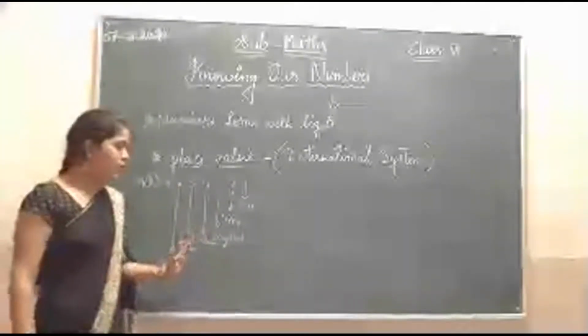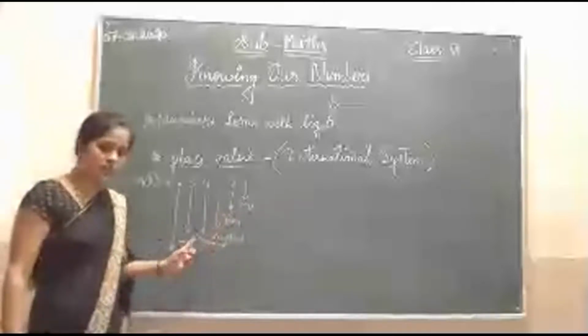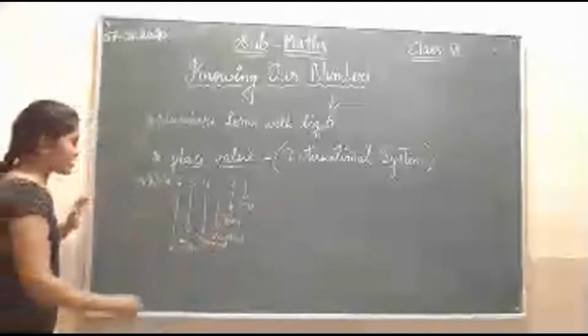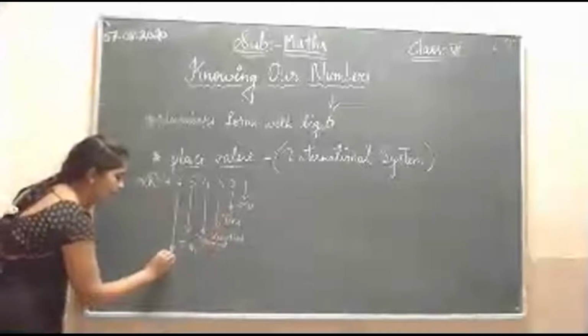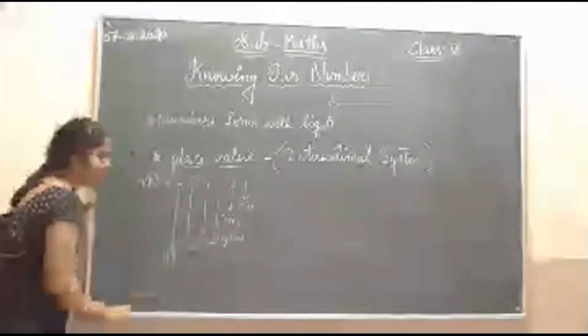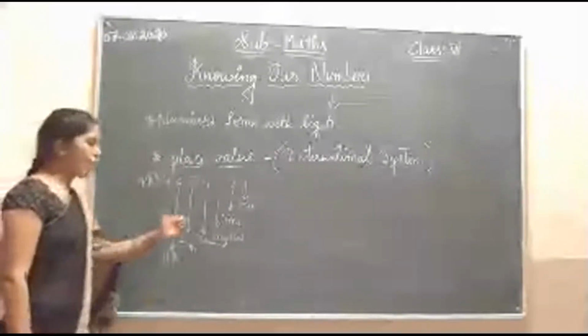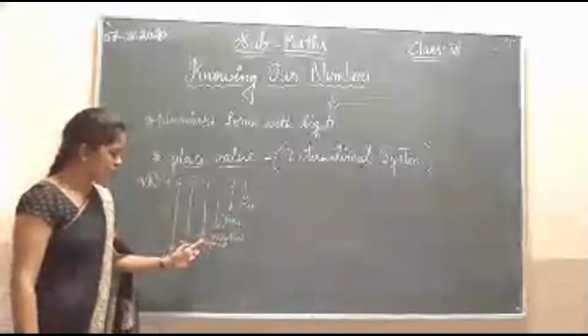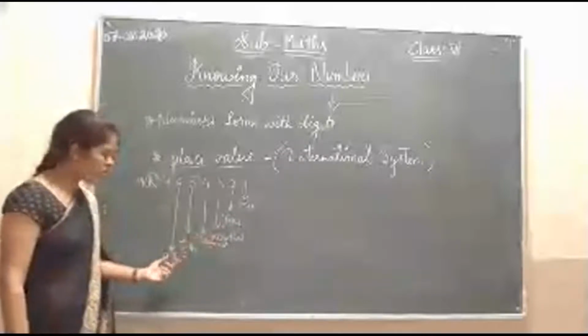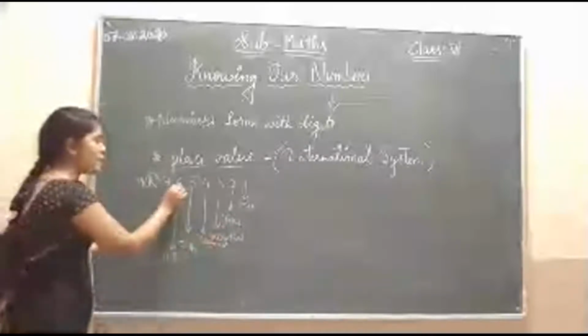In the Indian system also it is the same: ones, tens, hundreds, thousand, 10,000. In the international system, 100,000. Here ones, tens, hundreds are the same. Thousand also the same, 10,000 also the same. But here the change is in this place.